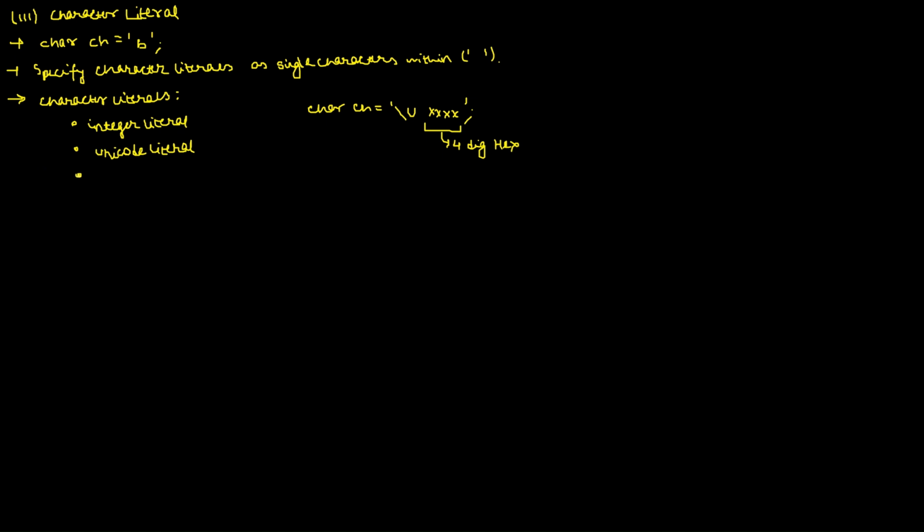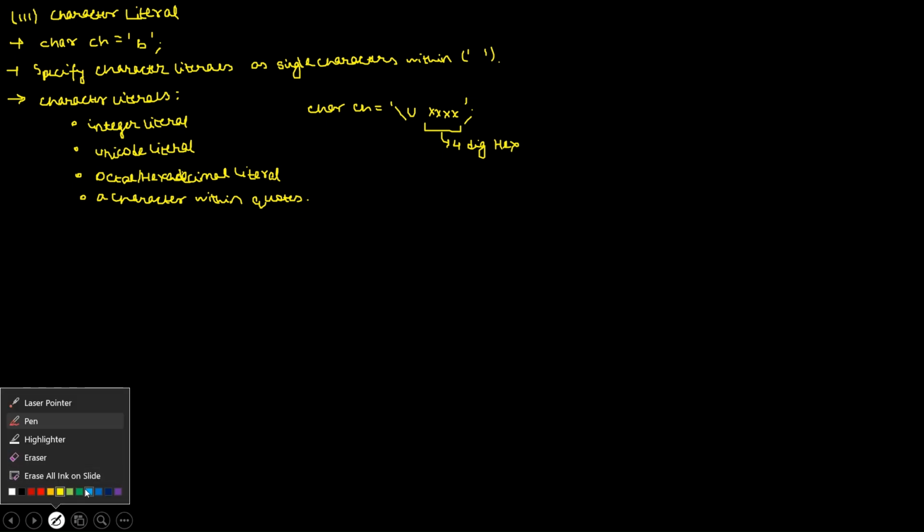And we can also mention it in octal or hexadecimal formats, as a hexadecimal literal, which comes under integer literal, so it's quite justified. And obviously the single character way, a character within quotes. So these are the four ways in which you can represent a character literal.